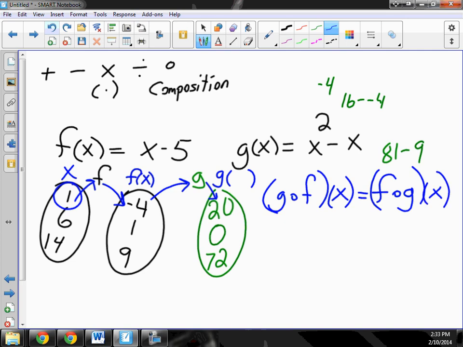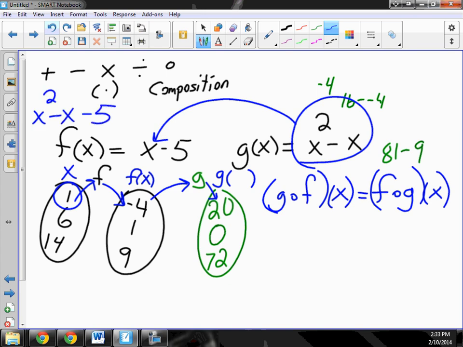Does composition commute? Well, let's try it. Let's plug g of x in for f. That's super easy. What do you get when you plug g into f? X squared minus x minus 5. That's nothing like g of f.